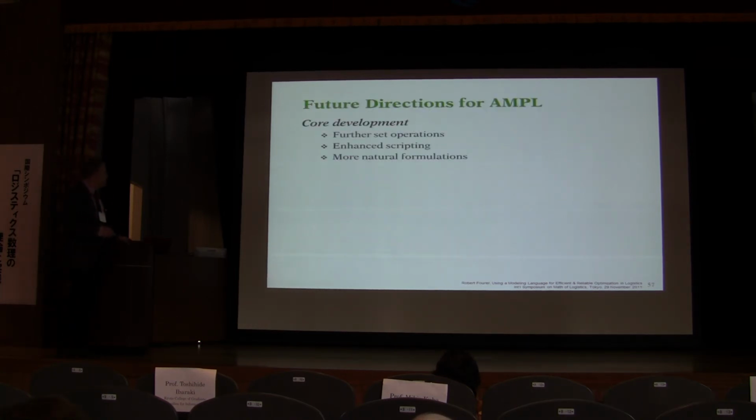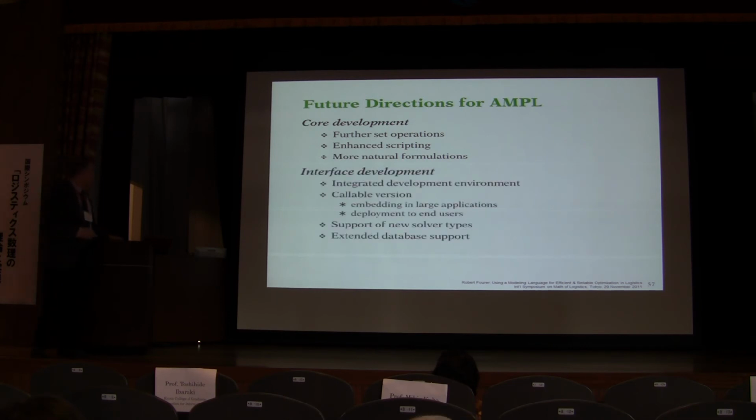And as far as future developments, of course, you can make anything that will make the language more natural is desirable. The whole idea is to make it as much like you think as possible. We've gone a certain way toward that goal, but we could go further. And the other work is a lot of it is interface development. One weakness of the system might be that it doesn't interface so easily with other things in the world.